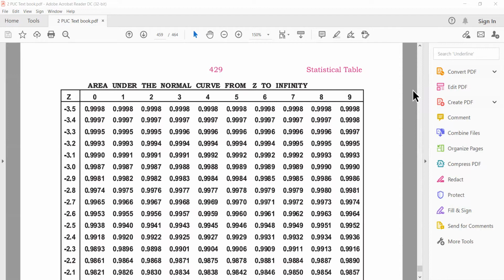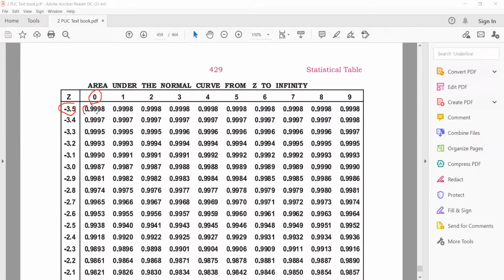So here this particular table is producing values starting from minus 3.5, and if you want the second digit, it is given in the very first row.